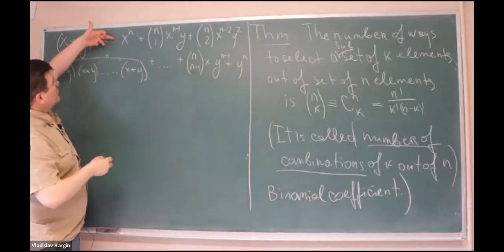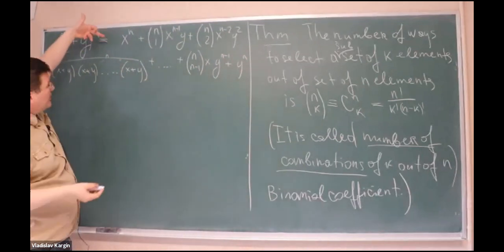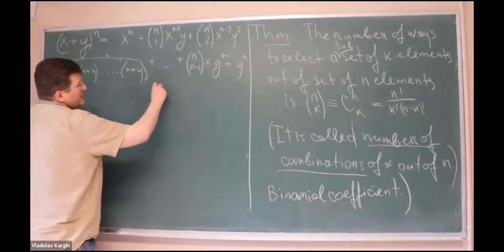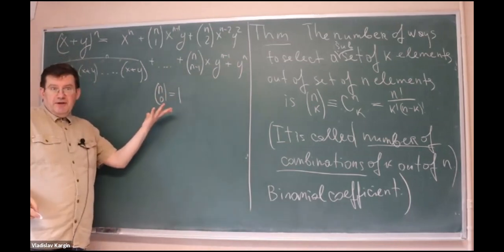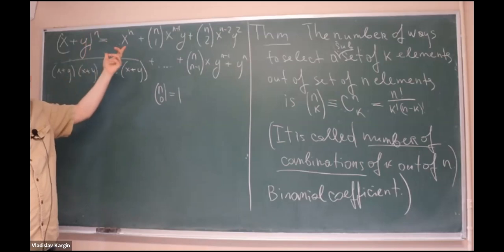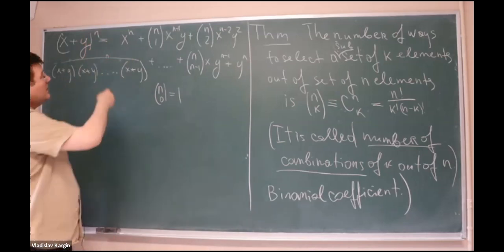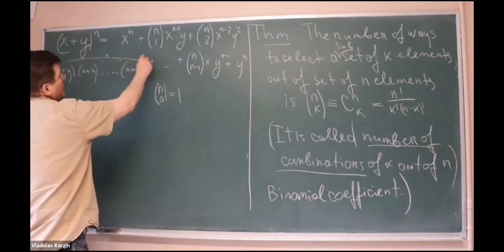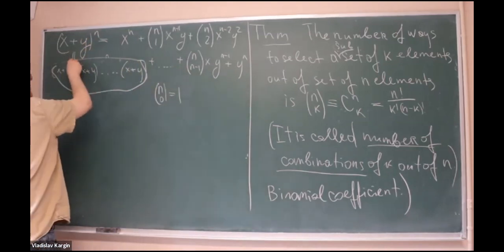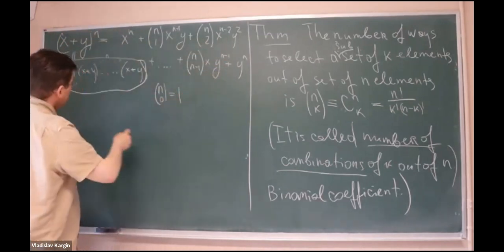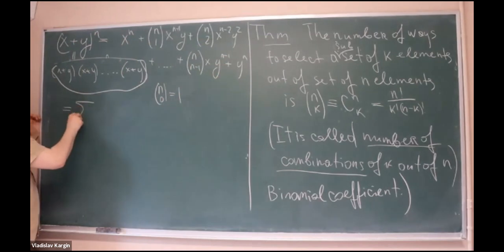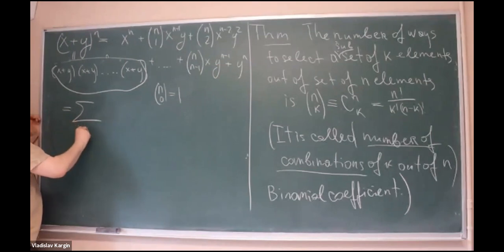In principle, you can also think that here is the coefficient 1, but you can write here (n 0), right? Because (n 0) by convention is equal to 1. And because of this formula, (x plus y) to the power of n is equal to this thing, which you can also write compactly. It's the sum over k from 0 to n, right?